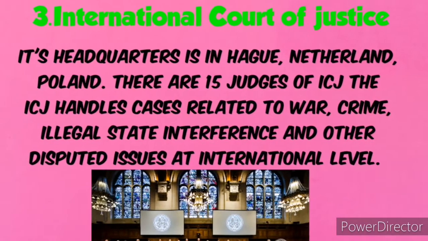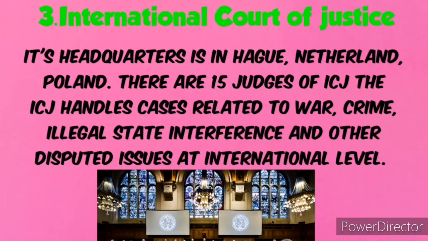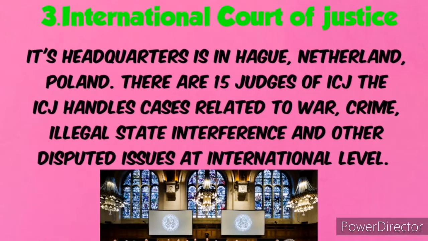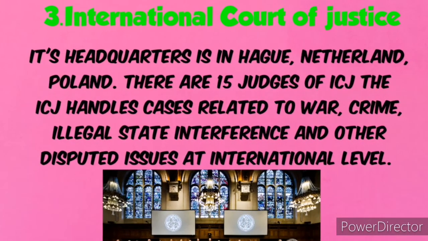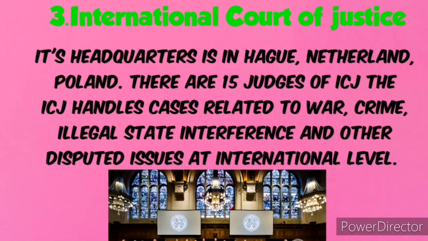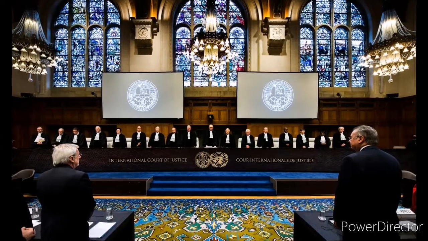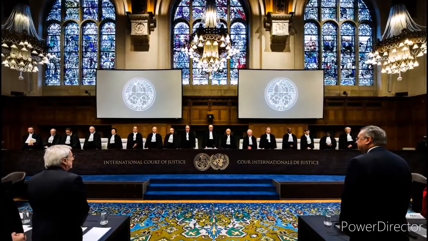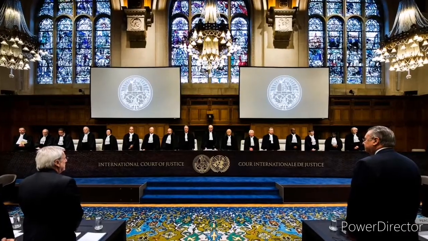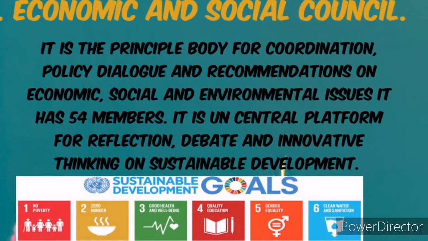There are 15 judges of the ICJ, who are elected for 9 years, and they can also be re-elected for a second term as well. The International Court of Justice handles cases related to war, crime, illegal state interference, and other disputed issues at the international level.